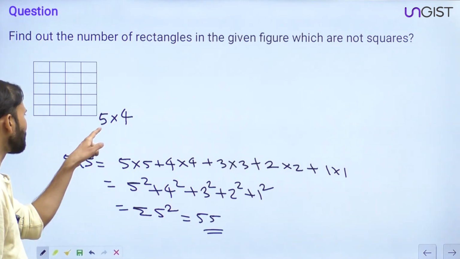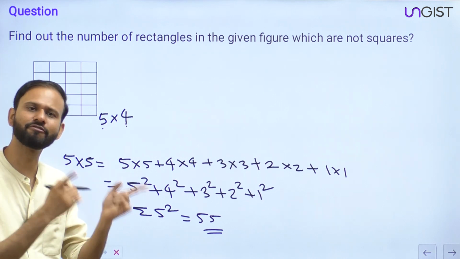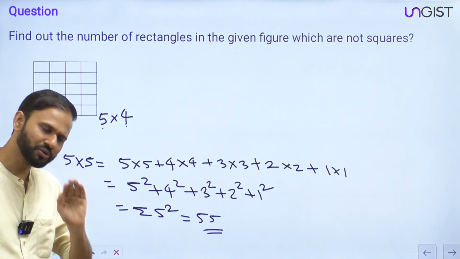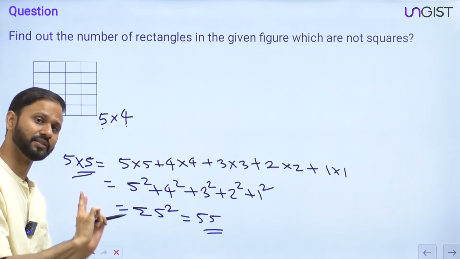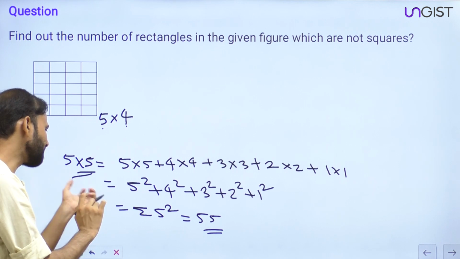But this time this is not 5 by 5, this is 5 by 4. So you know what is happening? It is starting with the order only. Please observe it carefully.